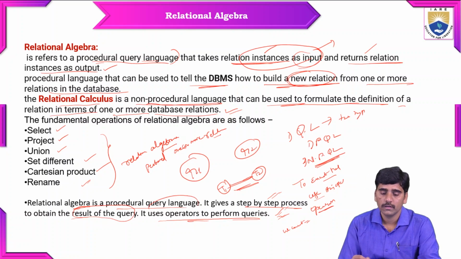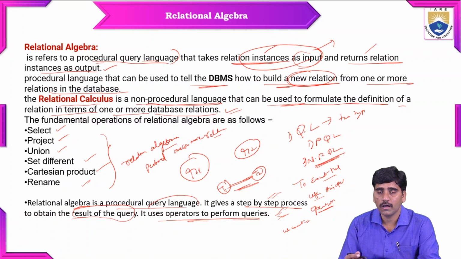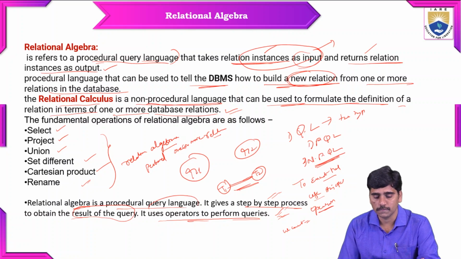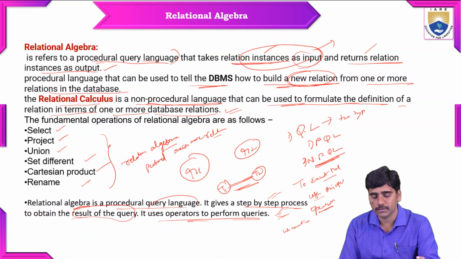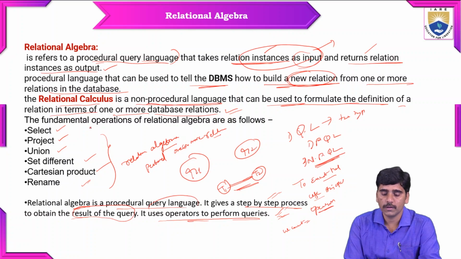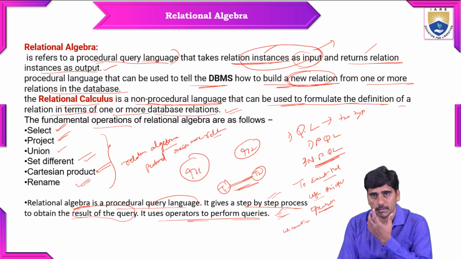Writing procedural and non-procedural queries is simple, but in the execution part, the procedural query is executed, but the non-procedural query cannot be executed. To do all these processes, we have the fundamental operations called selection operation, projection operation, union operation, difference operation, Cartesian product operation, and rename operation.